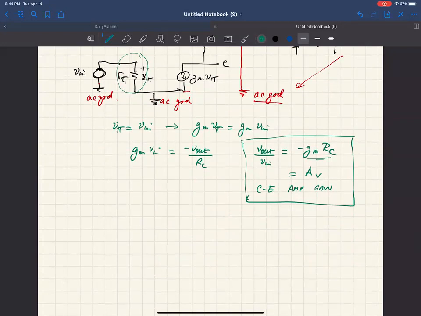You don't need to work out the whole small signal analysis and draw it out. If I have this topology of the common emitter and you've got the proper biasing going across it, you know what the gain is from V in to V out.